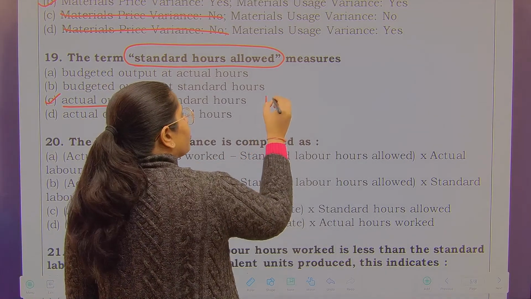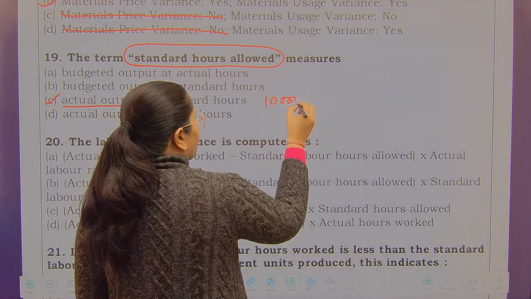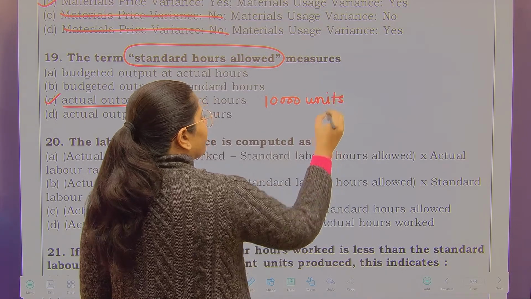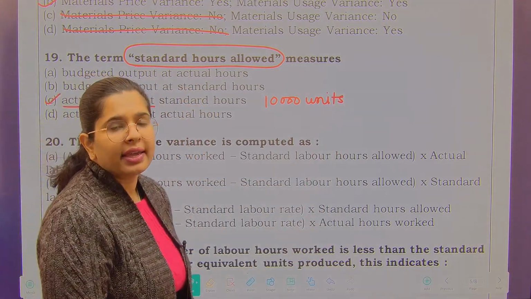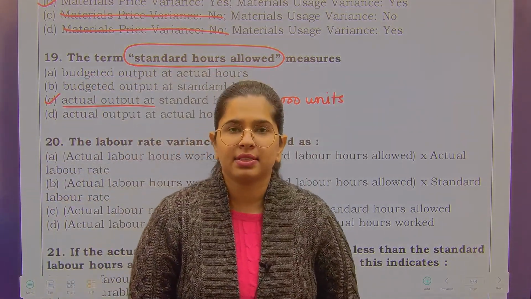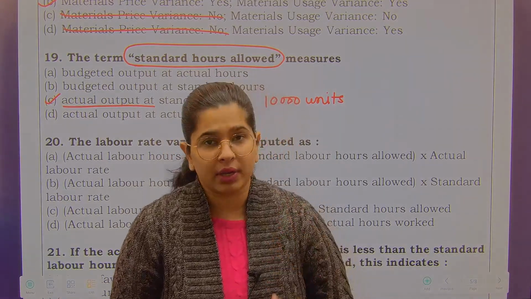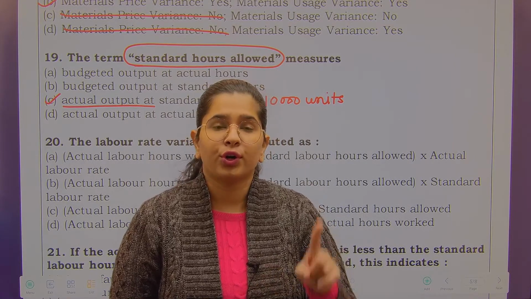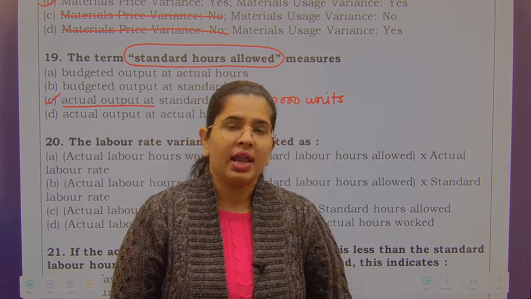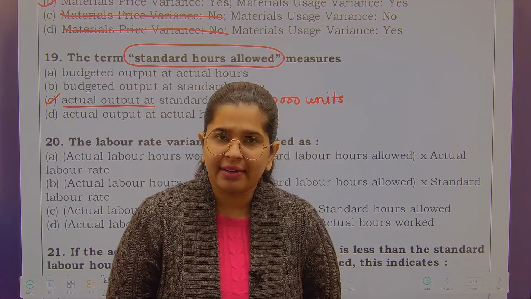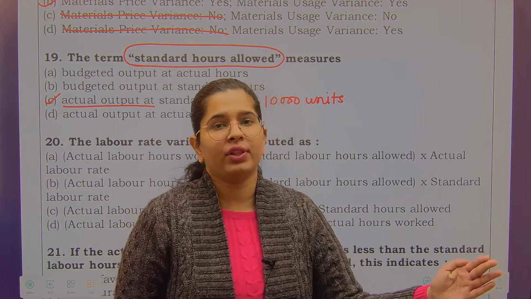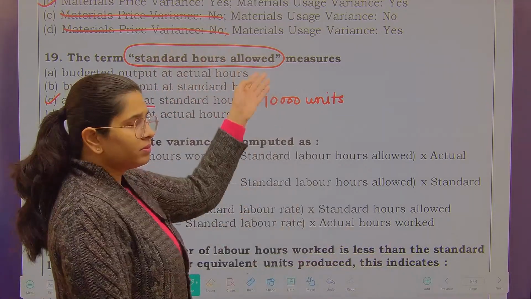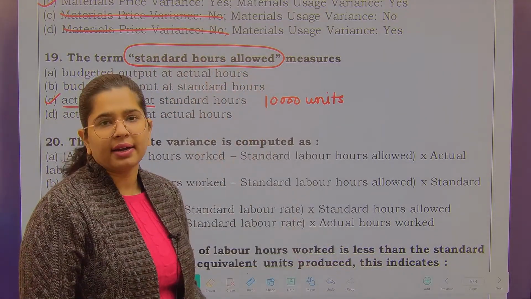What is your actual output? 10,000 units. What is the standard hour to produce 1 unit of output? You always calculate standard as per that basis only. You always find out what hours I need in order to produce 1 unit of output. That's how you calculate your standards. Then you multiply it with the actuals, whatever you have achieved, to find out what the standard hours allowed are.